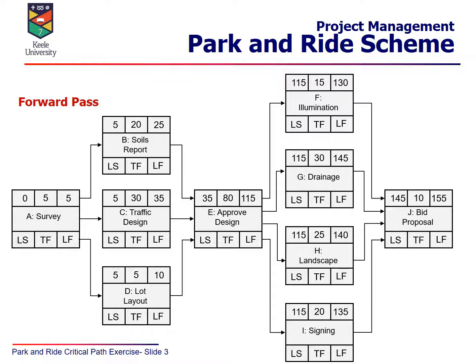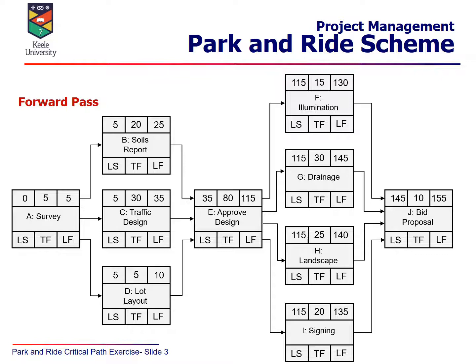Now when we move forward to approving the design, which follows on from that initial design work of the earlier activities, you can see that we have to determine what the earliest start time is. The approved design activity cannot start until all of B, C and D are complete, and we will see that the earliest that C can complete is 35.